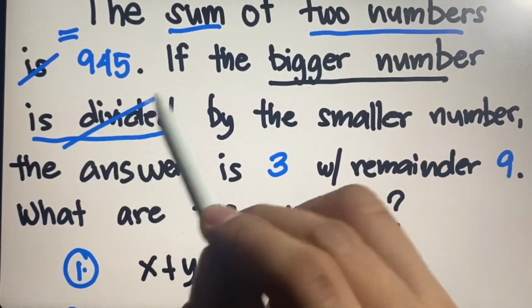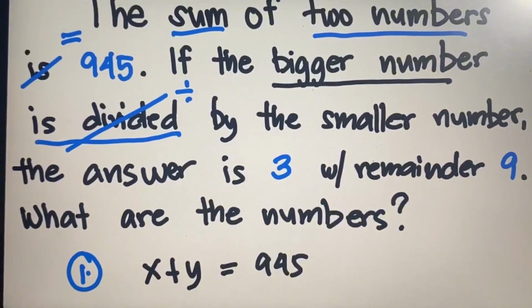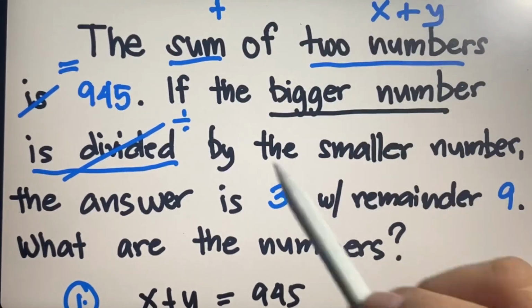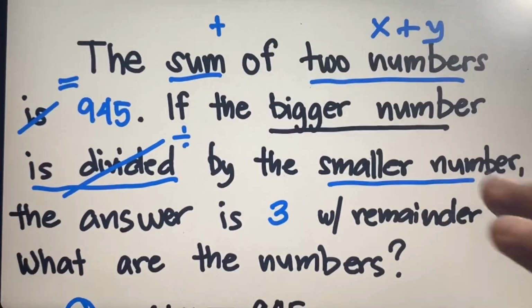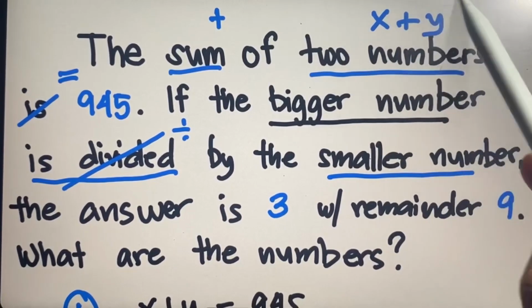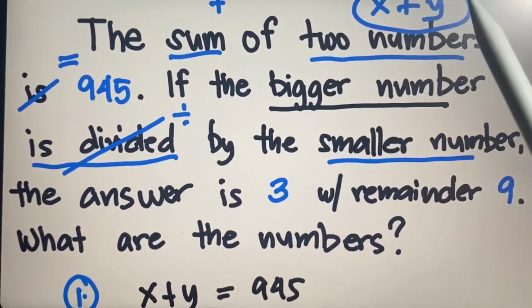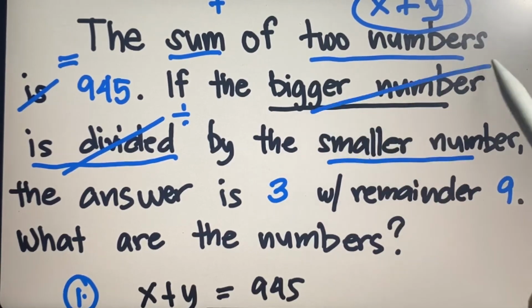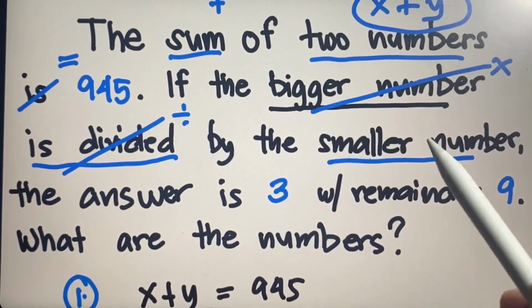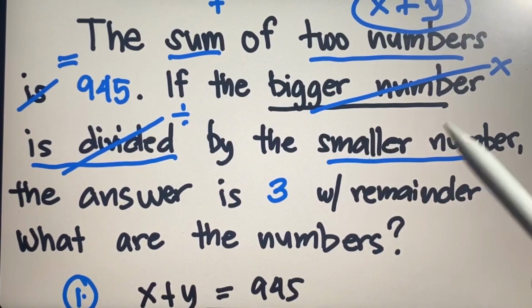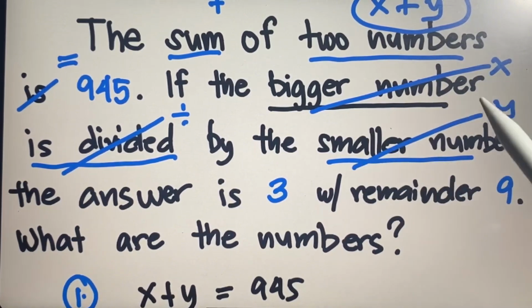This one connotes a division process. The bigger number and the smaller number are part of these two numbers that we are going to consider, that is x and y. So we assign which one is the bigger number. In this case, we just assign x as the bigger number. Either x or y, it's up to you. The smaller number would be y.